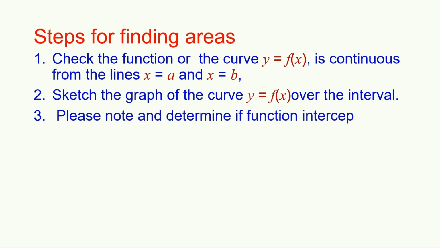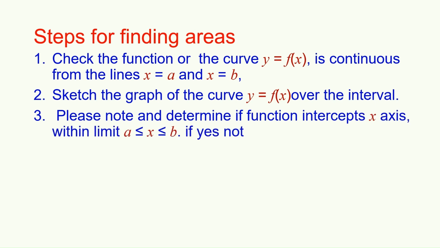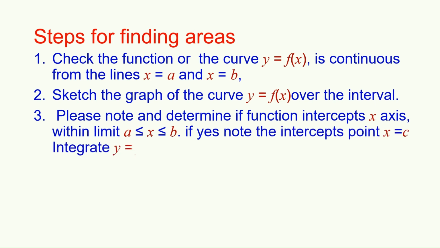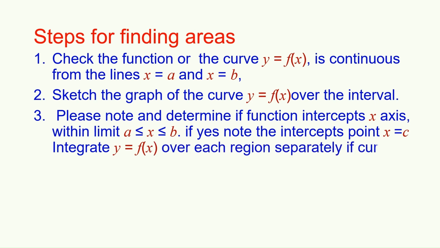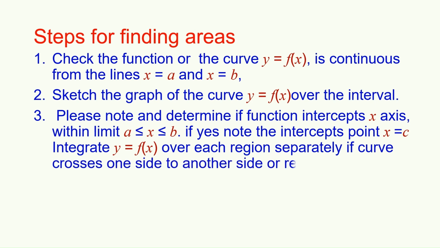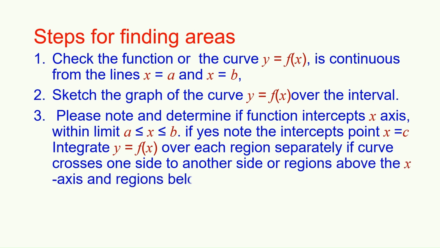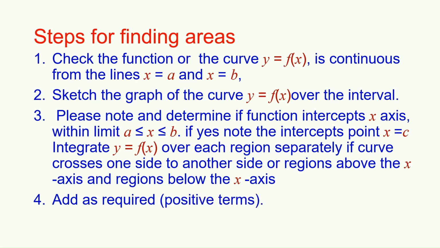Please note and determine if the function intercepts the x-axis within the limits a less than or equal to x less than or equal to b. If yes, note the intercept point x equals c. Then integrate y equals f(x) over each region separately, if the curve crosses from one side to another, that is, regions above the x-axis and regions below the x-axis. 4. Add as required the positive terms.